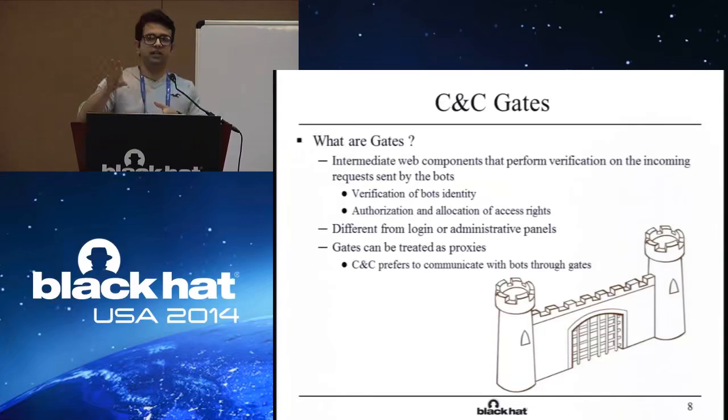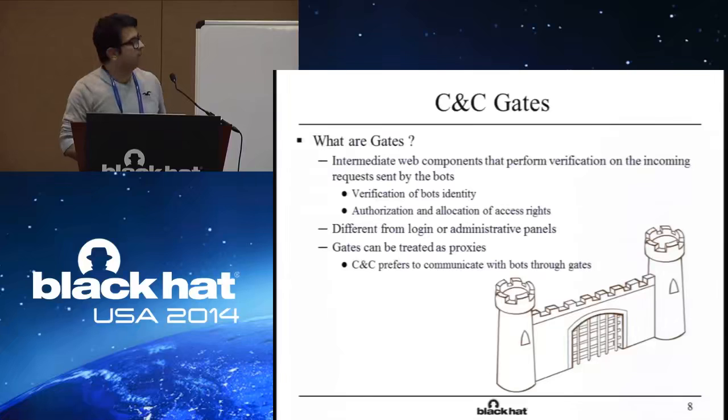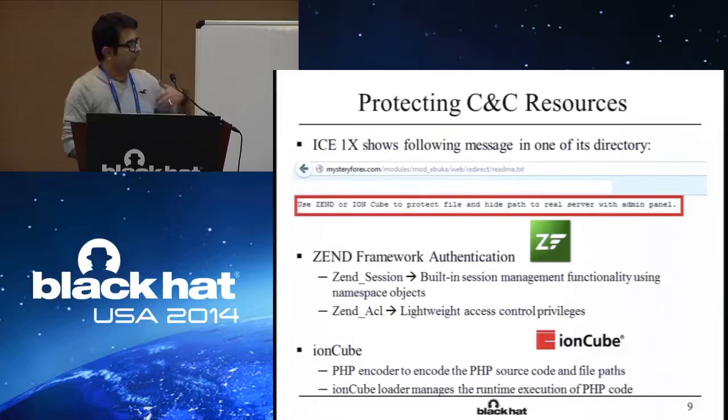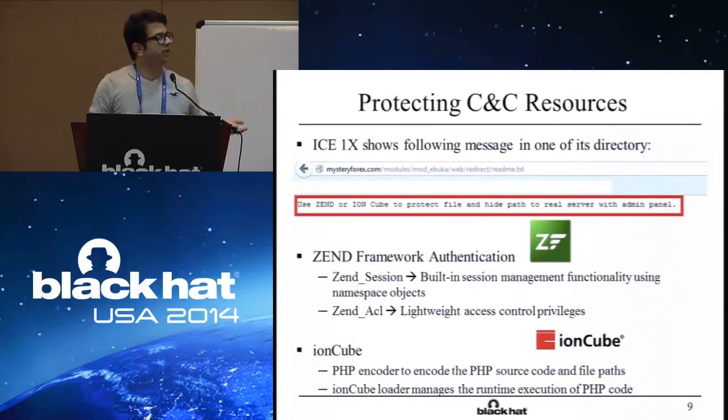They send data to the gate and authenticate themselves, then the data is decrypted at the gate level and submitted back to the database, stored in clear text format. I think about 90% of HTTP-based botnets use these CNC gates, and you will find them everywhere.